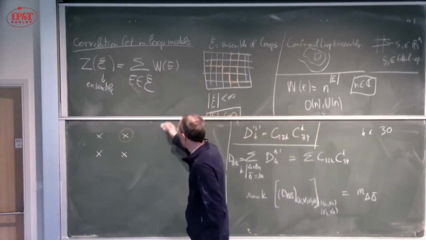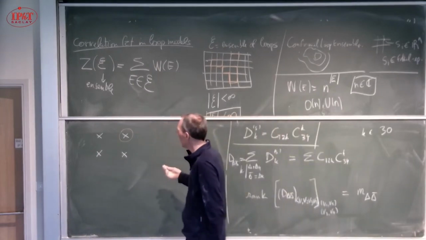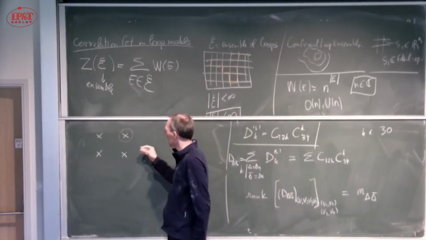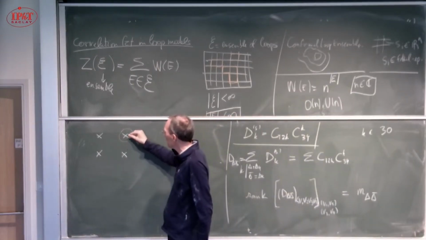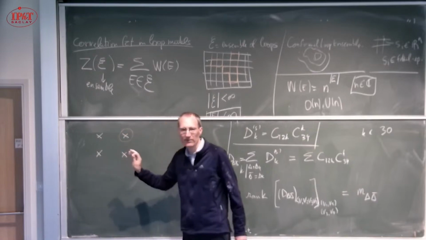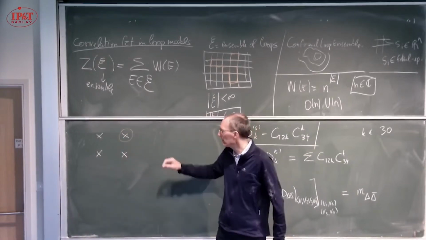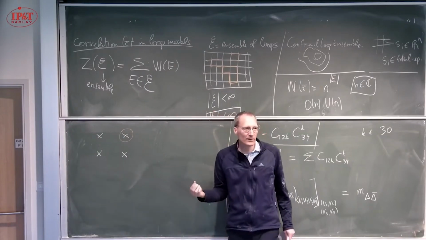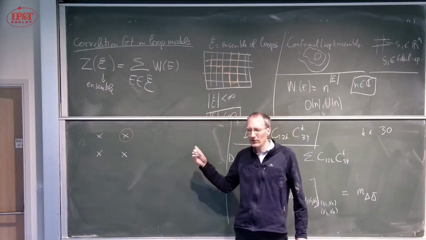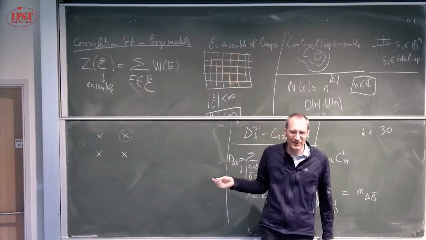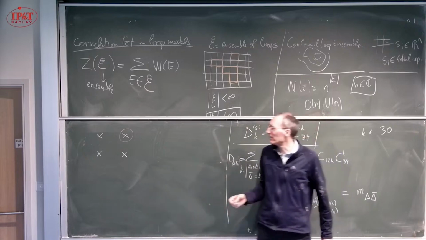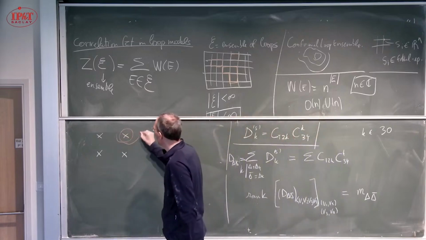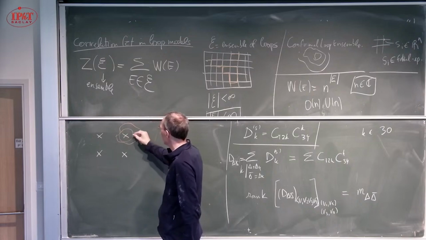However, if I want to preserve conformal symmetry, the weight, for example, cannot really depend on the shape of the loop. It can only depend on which punctures are inside or outside a given loop. So these two loops here, I can decide they have another weight.